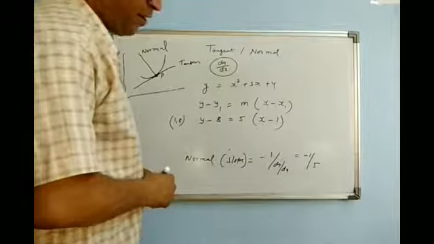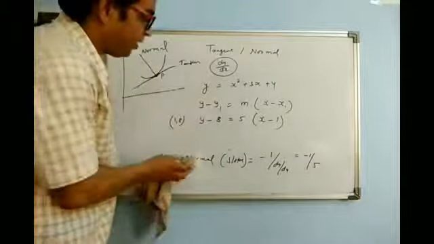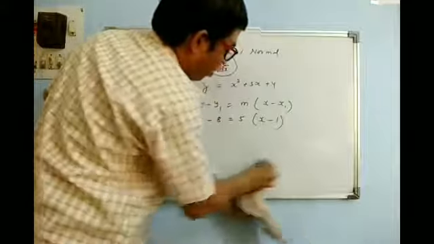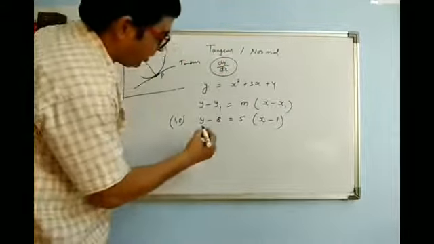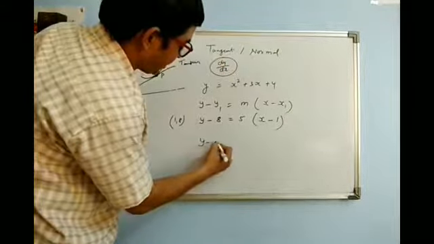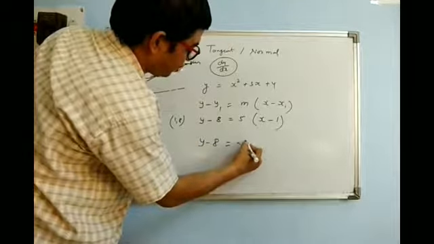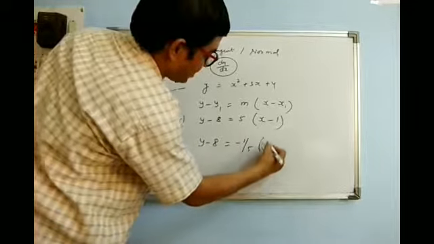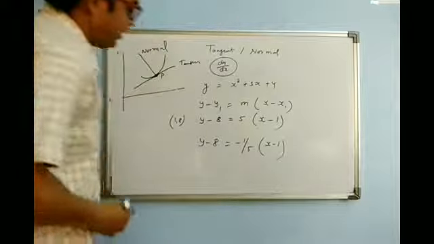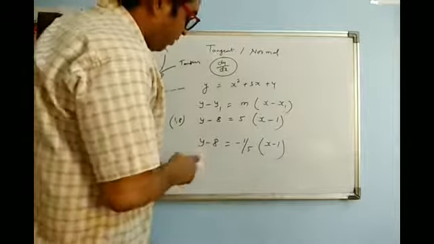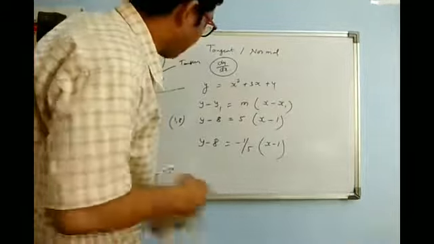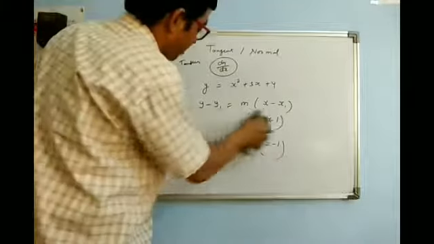This is tangent. If we have to find the equation of normal at this point, it will be y minus 8 is equal to minus 1 by 5 into x minus 1. Very easily you can find the equation of tangent and that of normal.